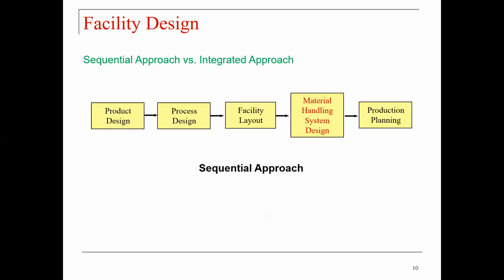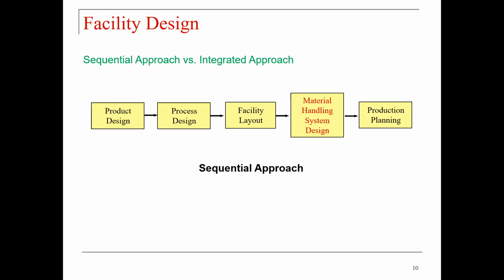In terms of facilities design, there are two approaches that are commonly used. The first one is called the sequential approach, and is often compared with the integrated approach. The sequential approach is what we are showing in this slide, in which you start with the product design, you follow with the process design, then you establish your facility layout, the material handling systems, and finally your production planning.